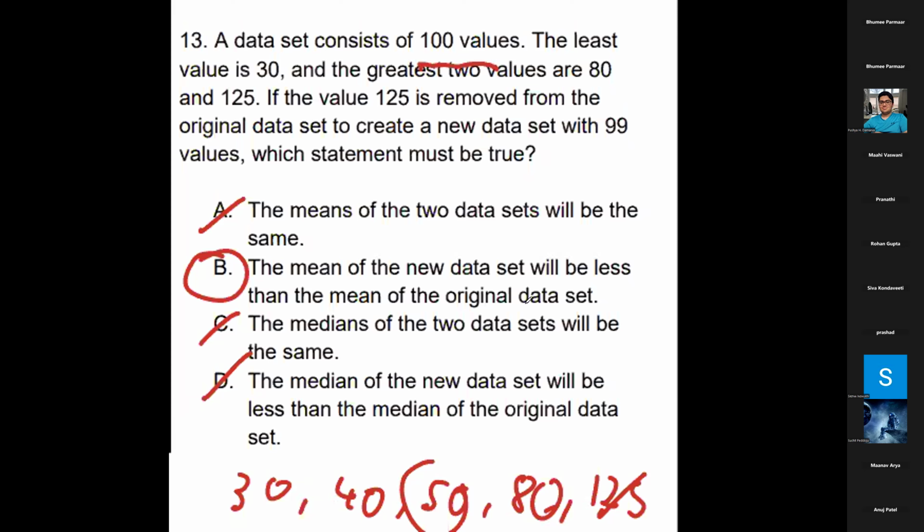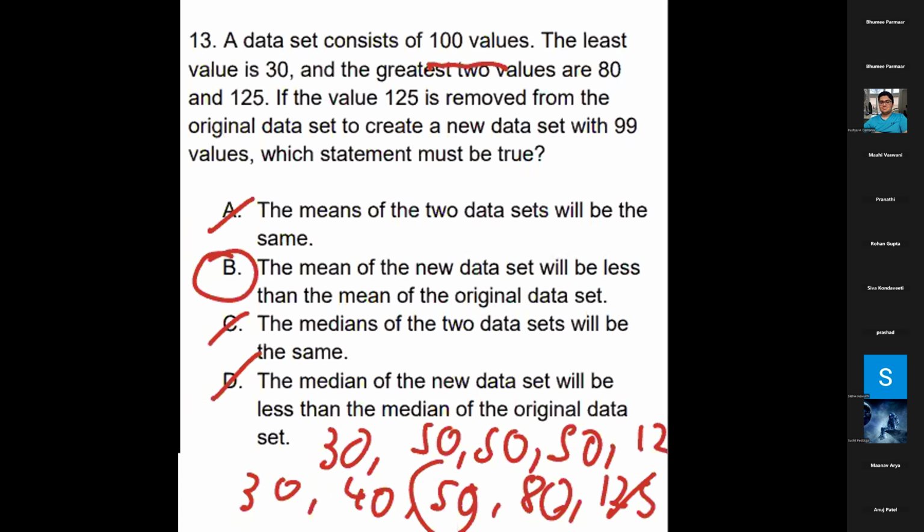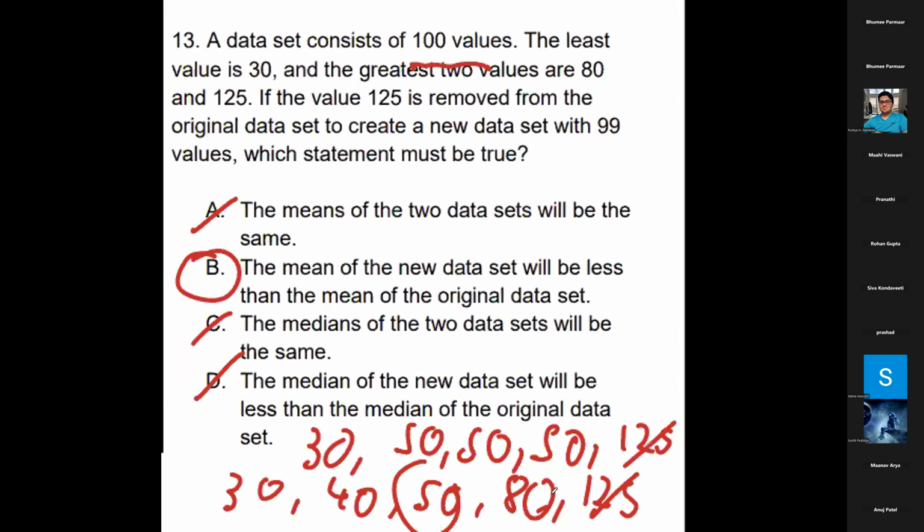So we can't really say because we don't know. It could also be like we have 30 and then 50, 50, 50, and then 125. If we remove 125, the median would still be 50. That's why we can't say about the median, because we don't actually know what the other numbers are.